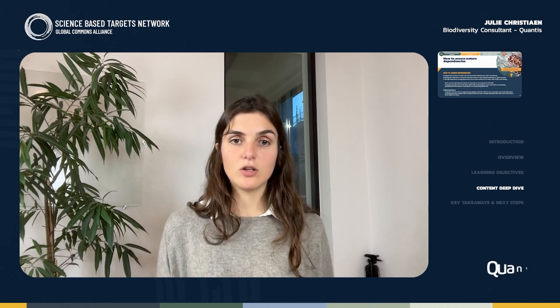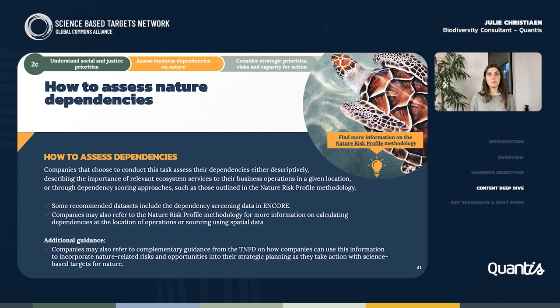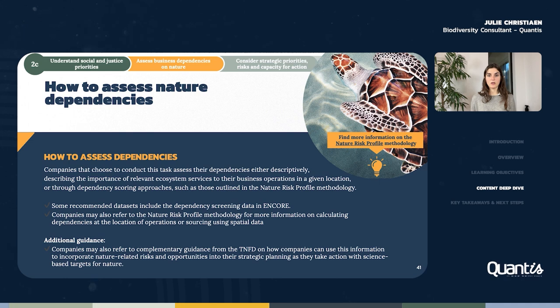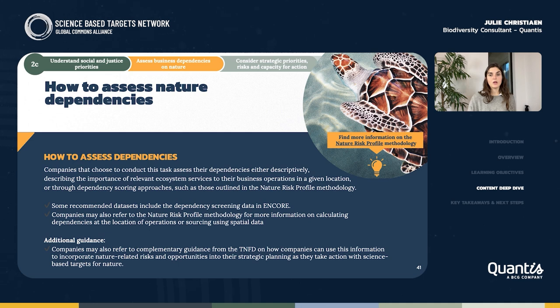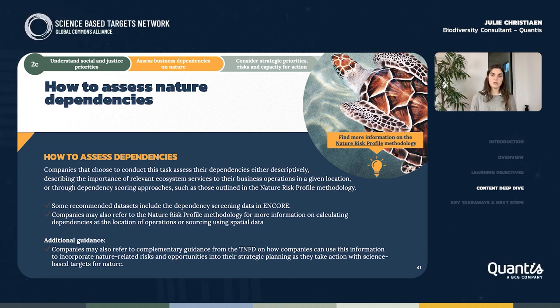For validation, you can evaluate dependencies descriptively, explaining the importance of ecosystem services for freshwater or land target, or through dependency scoring. If data is unavailable for some location, that's acceptable at this stage. When evaluating dependencies, you may use a variety of data sets.